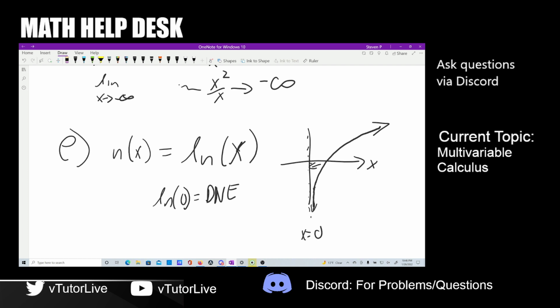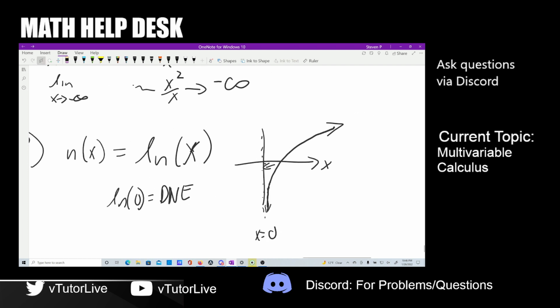What do you all think? Is there a limit to natural log? I don't think there would be a horizontal asymptote. I agree. Natural log grows really slowly, but as it turns out, it grows just fast enough to go off to positive infinity.